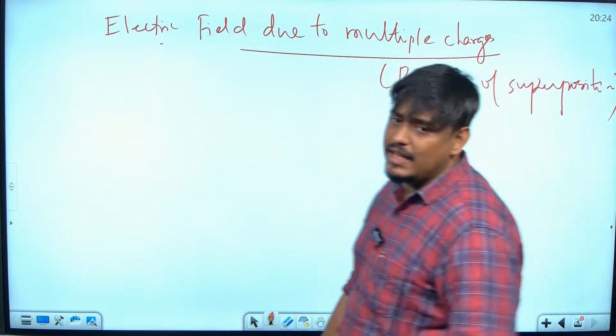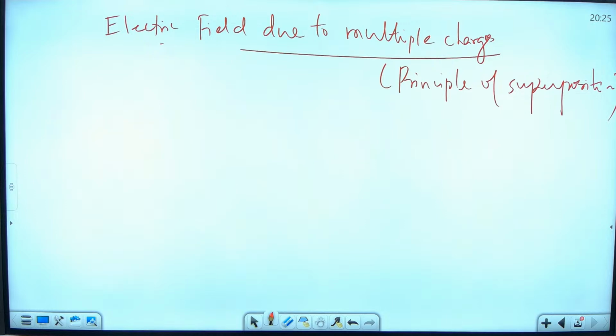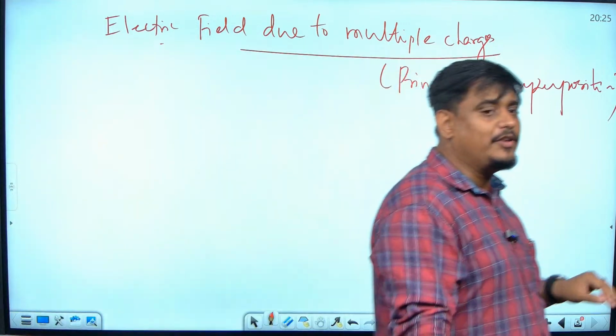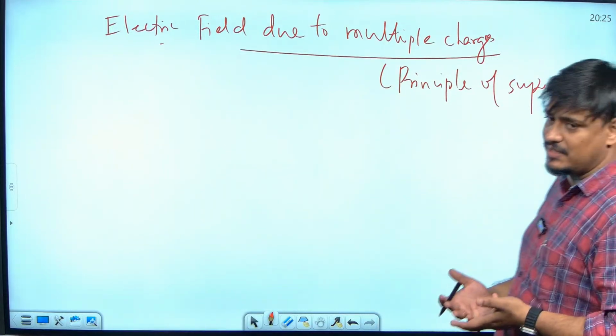So you know that if there is one charge and you go r distance away from it, the electric field by that charge is going to be kq by r square. But you are not going to deal with one charge. You will have multiple charges.